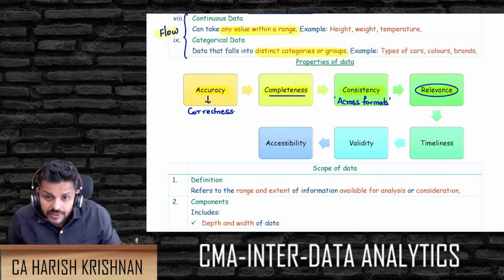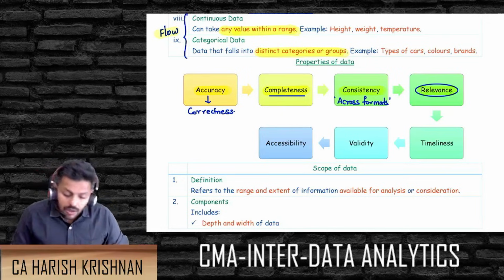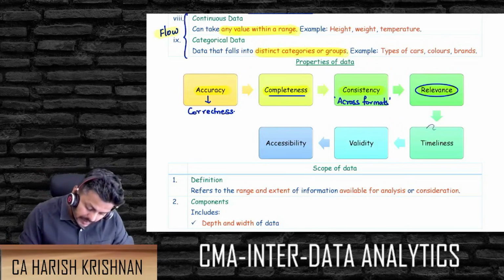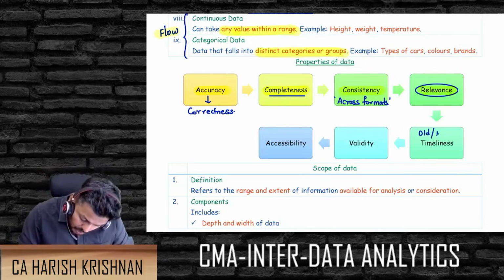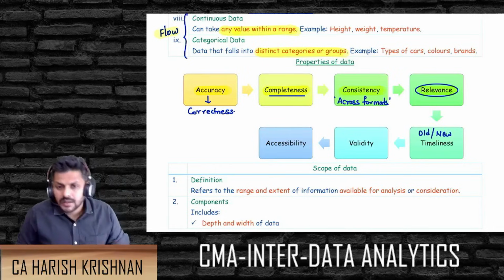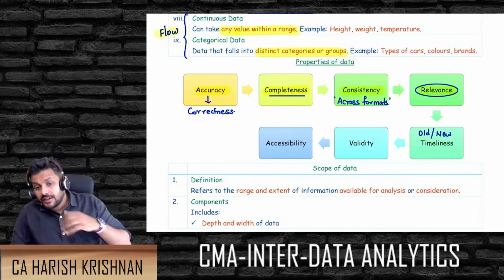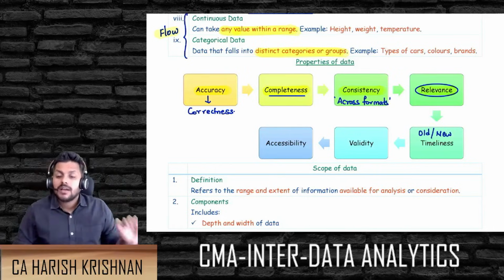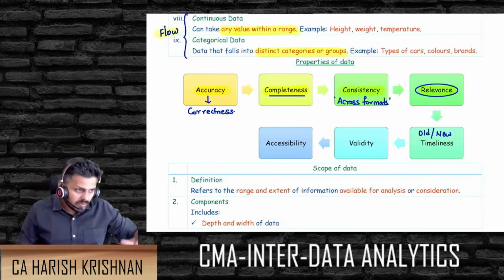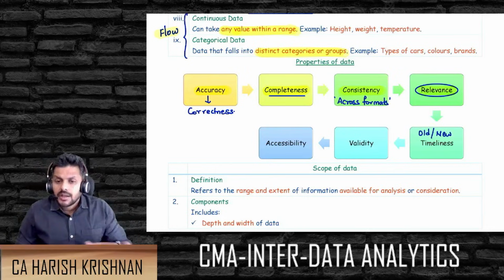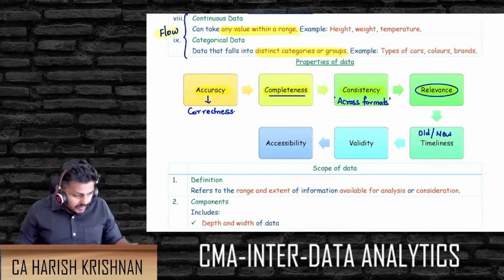Historical relevance of data is very important. So how old or new, relevance and timeliness go hand in hand. Historical data or latest data, depending on what exercise you are doing, data time will change. If you are doing an exercise based on the past to now, historical data will be taken. If you want to decide something about today, then current information will make sense.